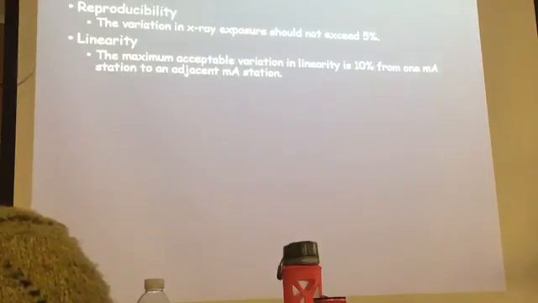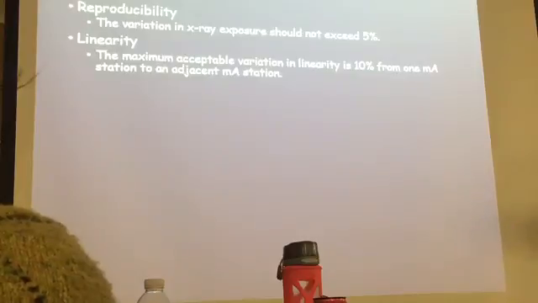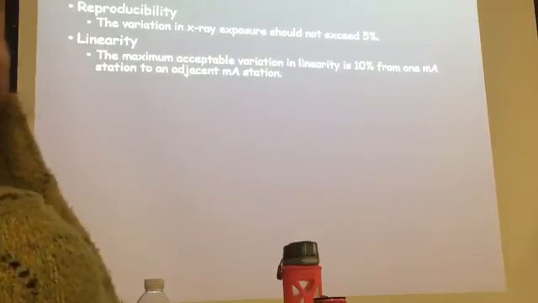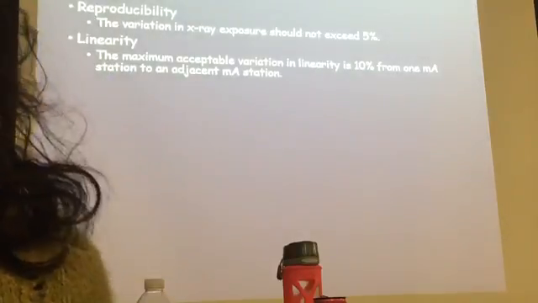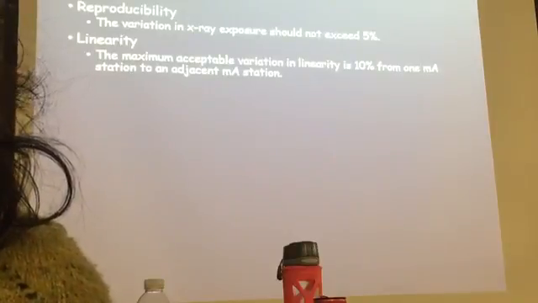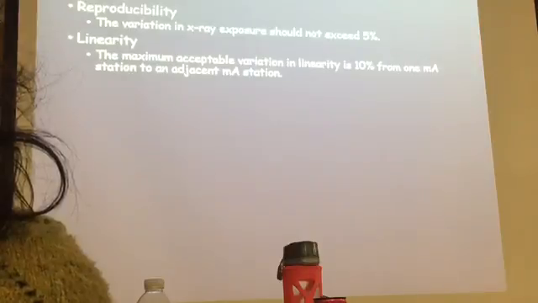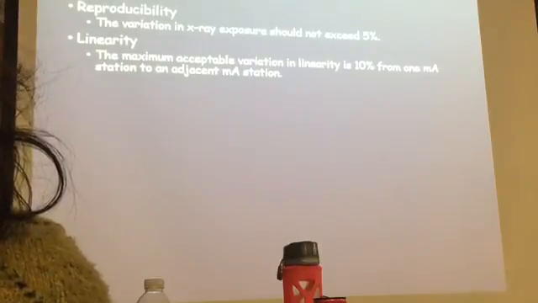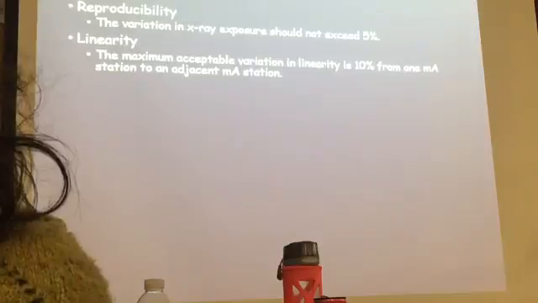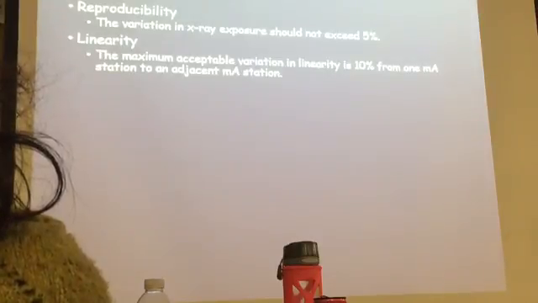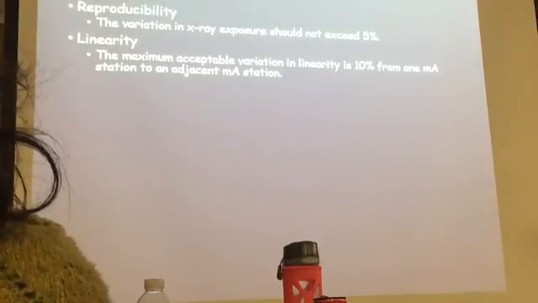If you're not changing your technical factors, that exposure should be the same over and over. Make sense? You set your technical factors to 20 mAs and 80. As an X-ray tech, you expect that amount of X-rays, even though you don't know what amount it is, to create an image, don't you? Because you already have in mind your density, your contrast, and the requirement for that patient. So you expect certain results with your technical factors.